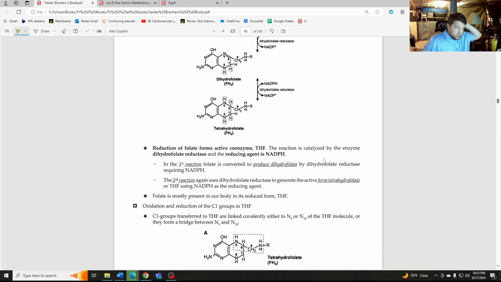So the reduction of folate forms the active coenzyme, THF. The reaction is catalyzed by the enzyme. This is where we're going to want to remember dihydrofolate reductase, and the reducing agent that is used is our NADPH.